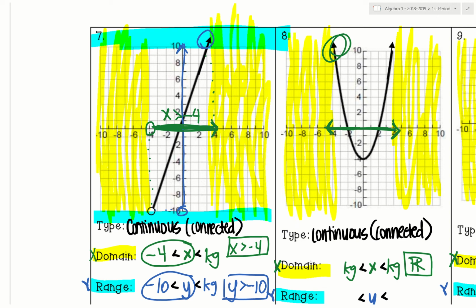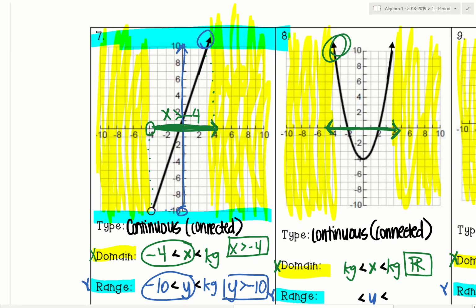So look up here for me. Look at how I drew this line. Started at -10 and it goes all the way up. -10 has to be the smallest amount, but I can go greater than -10 all the way to wherever, right? So my inequality needs to say my y has to be greater than what? -10. Everybody got that? Yes or no?